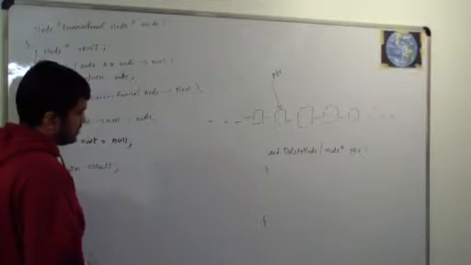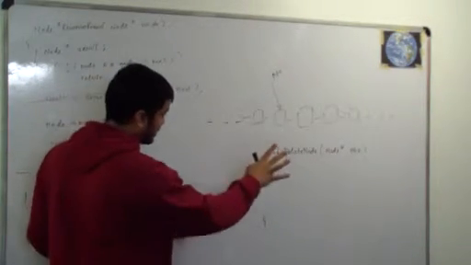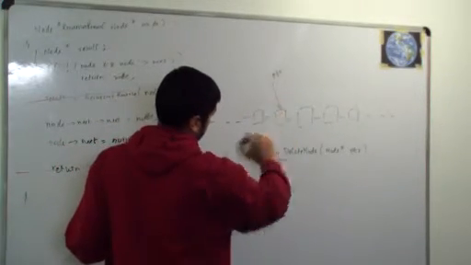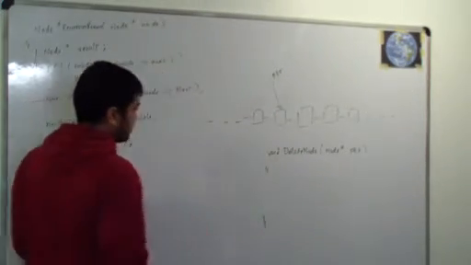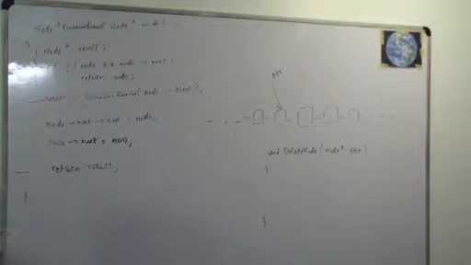You are given a linked list. You don't have the head, you don't have the tail, you have just one pointer. And you have to delete that node without destroying the list. How do you do it? Without head.